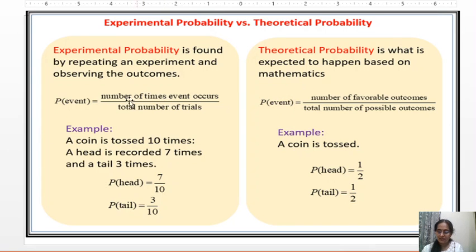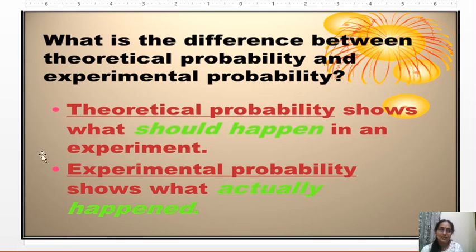How can you calculate the theoretical probability? Theoretical probability is the ratio of the number of favorable outcomes to the total number of possible outcomes. For a coin toss, I have explained already in the previous slide, the probability of getting head is 1 out of 2. What is the difference between theoretical probability and experimental probability now?